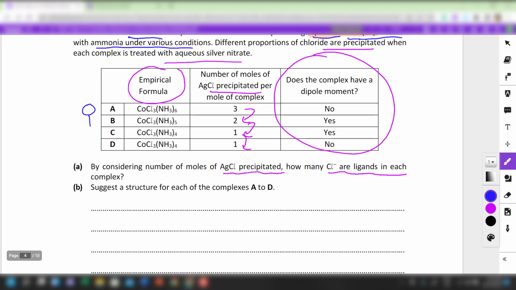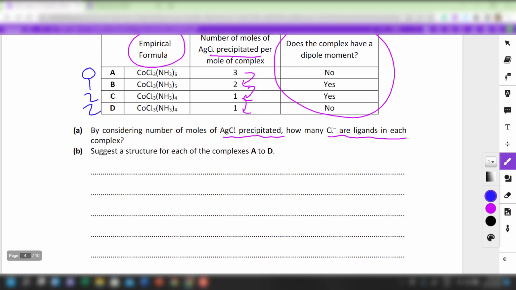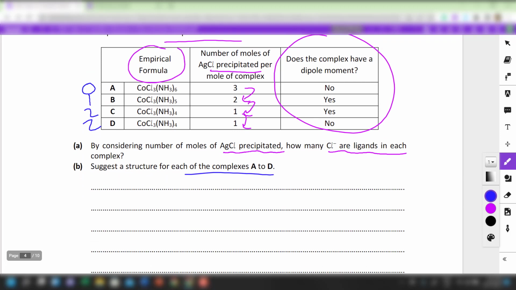Then for C and D, I'm expecting 2 chlorides to be acting as the ligands. So for part A, it will be relatively straightforward, simply by looking at the number of moles of silver chloride being precipitated out, and some of the ideas which I highlighted to you earlier on.